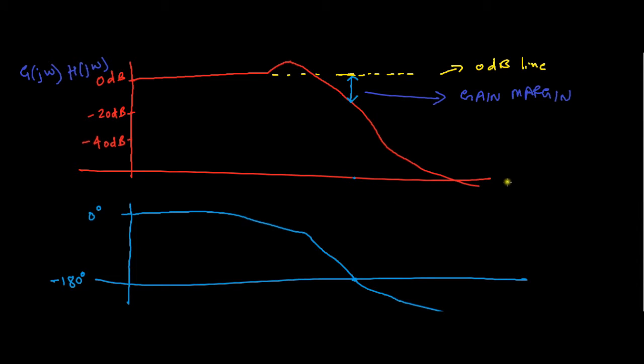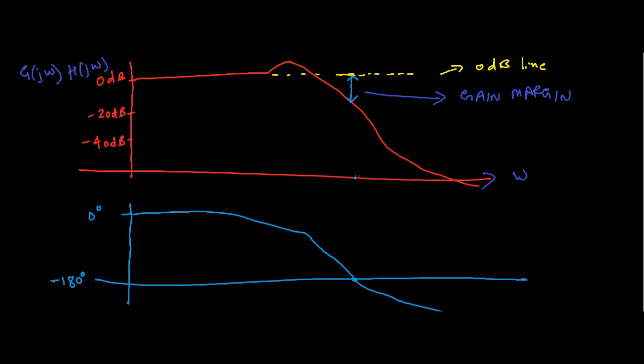Let's see the definition of gain margin. The gain margin is the amount of gain increase or decrease required to make the loop gain unity at a frequency where the phase angle is minus 180 degrees.